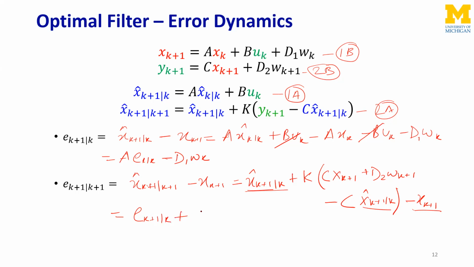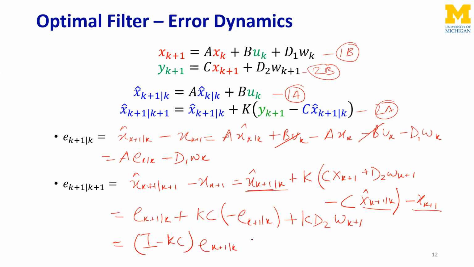And then we have this K C, and x k plus 1 minus x hat k plus 1 given k is actually minus e k plus 1 given k. And then we are left with the last term, which is K D2 w k plus 1. Okay, so this is better. And then you can collect the terms, and we end up with I minus K C times e k plus 1 given k plus K D2 w k plus 1.